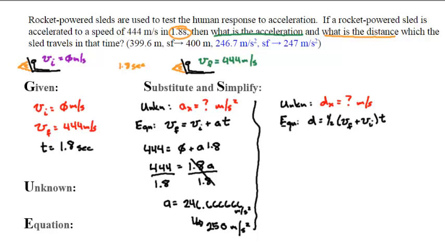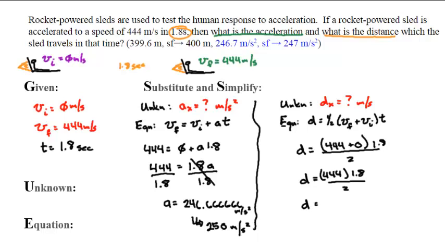All right, back to my second one. If I replace numbers for letters, I don't know what distance is, but 1/2, let me write it this way, over 2. My velocity final is 444 plus 0, that quantity, times the time of 1.8. So it becomes simpler, 444 times 1.8 divided by 2.